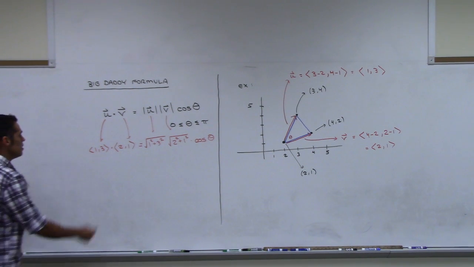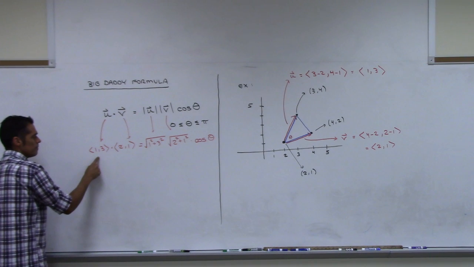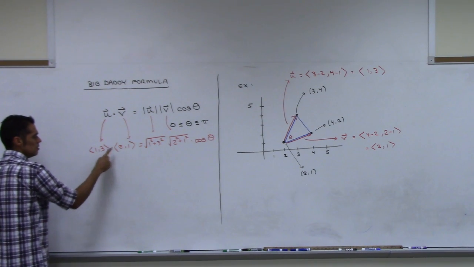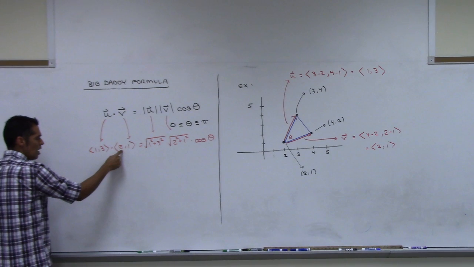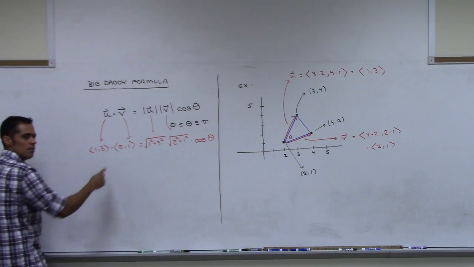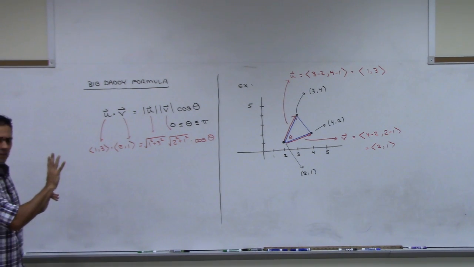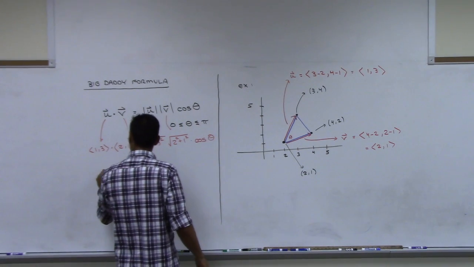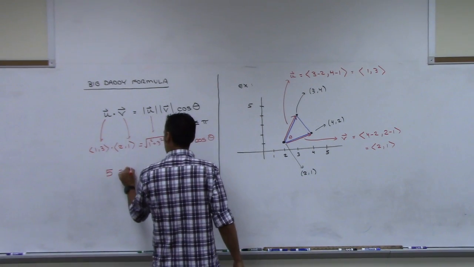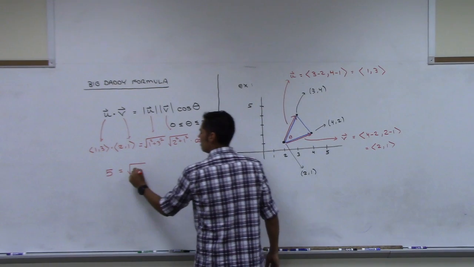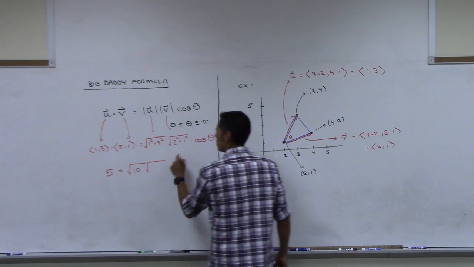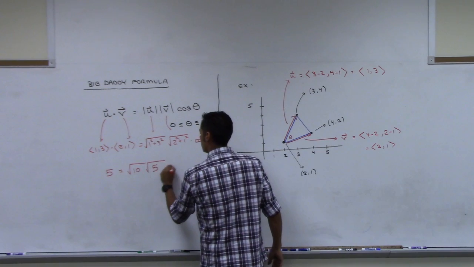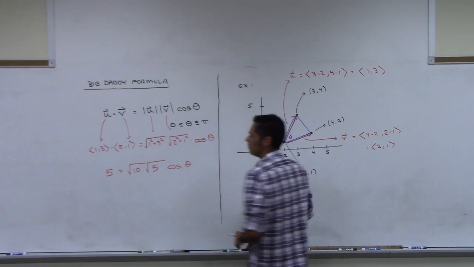So let's actually compute this. What is this dot product? 1 times 2 is 2, plus 3 times 1, so isn't that 5? Left side is 5. Equals root 10 times root 5 cosine theta.